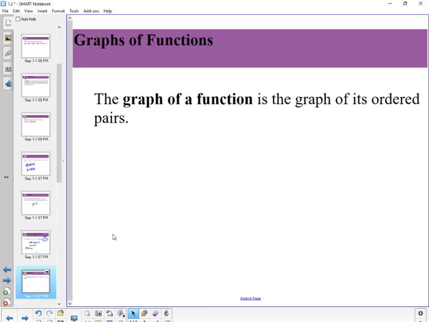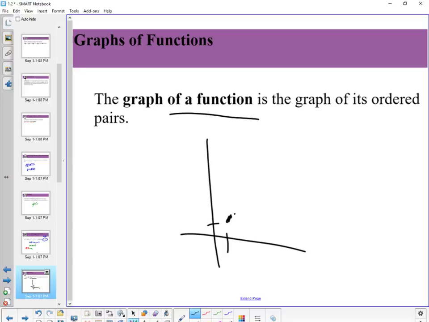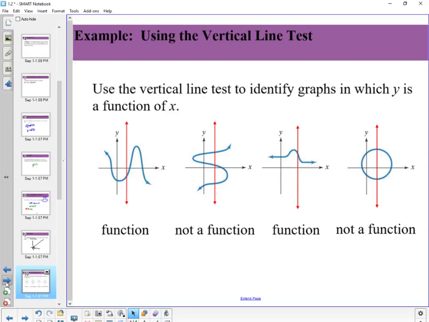The graph of a function is ordered pairs. I think I said that yesterday when we were talking about graphs, right? And I said, hey, you know what? We have an ordered pair and we graph it. Right? So there's a graph of, what is it, 1, 1? The graph of a function is just all of these. A bunch of them on top of each other. And it looks like a curve of some sort. Or a line. Vertical line test.